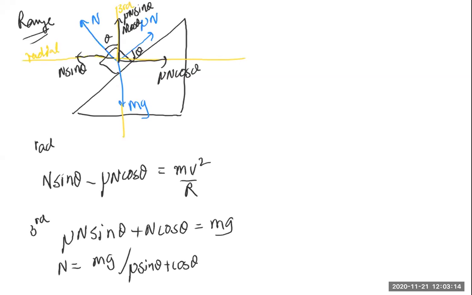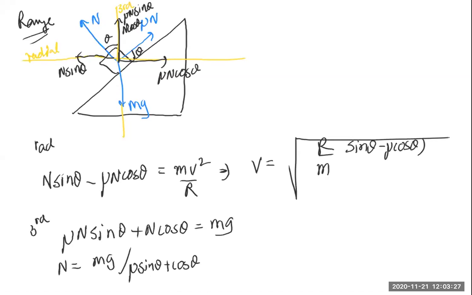And from here we get v is equal to under root of r by m into sine theta minus mu cos theta into N. But N is equal to mg upon cosine theta plus mu sine theta. This must be v minimum.